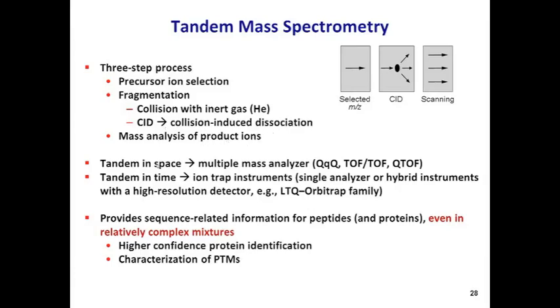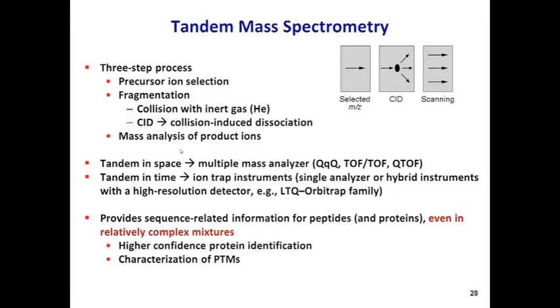This type of measurement can be conducted in tandem in space using multiple mass analyzers, such as a triple quadrupole instrument or an instrument with two time-of-flight sectors. Another is tandem in time using ion traps or other methods of trapping or sequestering and selecting ions.